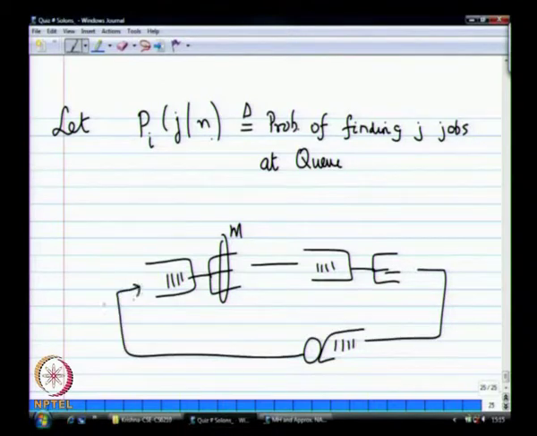So you might have a system like this. There are m such servers. So this is a collection of M/M/m queues, and so on.